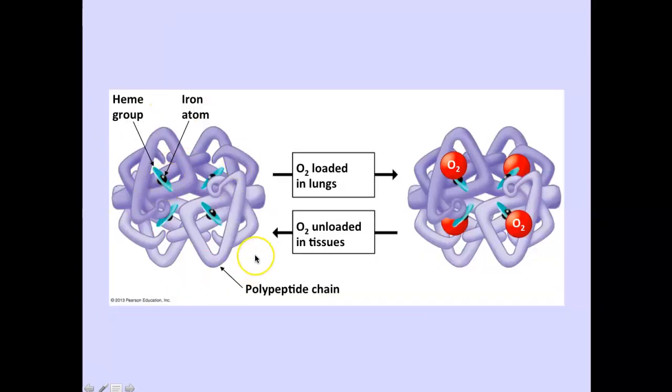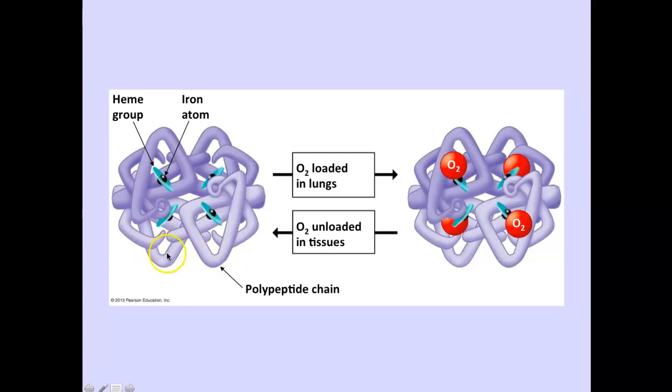This is the picture of hemoglobin, how your book draws it out. It actually contains 4 separate protein subunits. If you remember back to proteins, proteins can have a quaternary structure, which is different subunits coming together to make a whole protein.